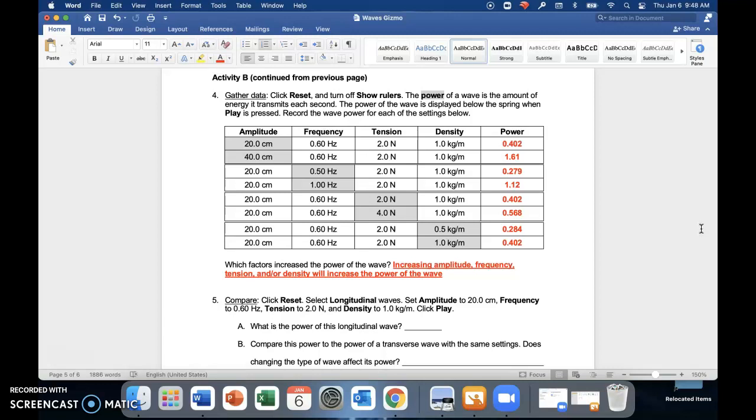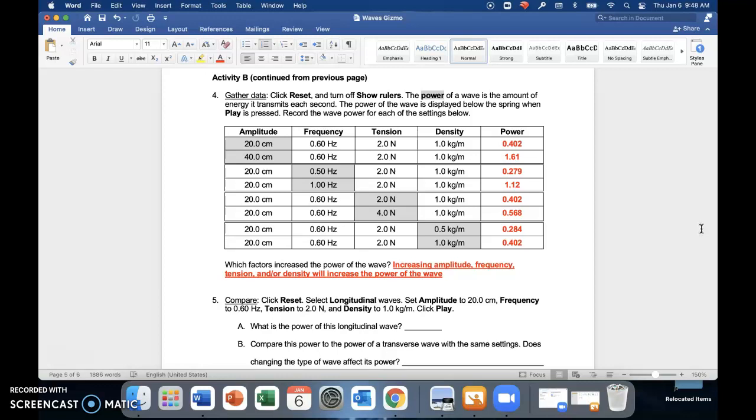You can see in the first part, your amplitude was doubled, and that doubling of the amplitude caused an increase of power. And if you remember the equation the lady mentioned in the video, the 1/2 K A squared, doubling the amplitude actually causes it to increase by a factor of 4, and that is what happened.